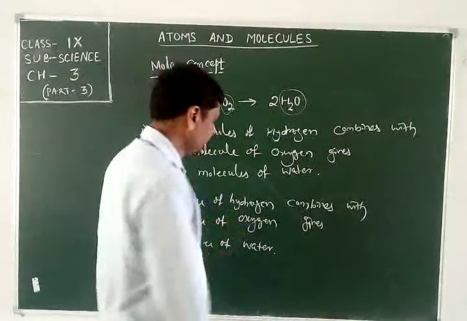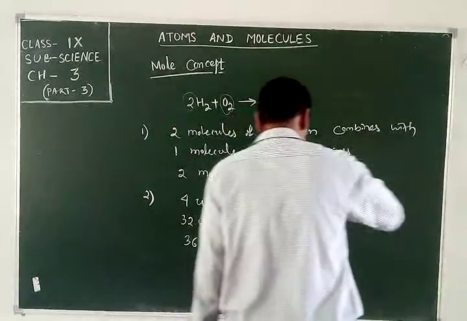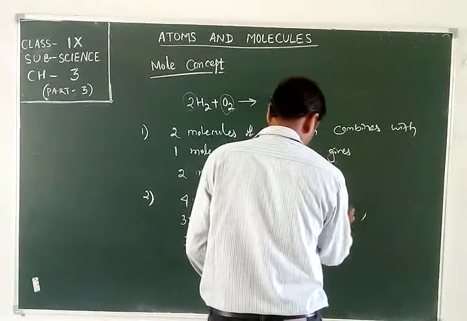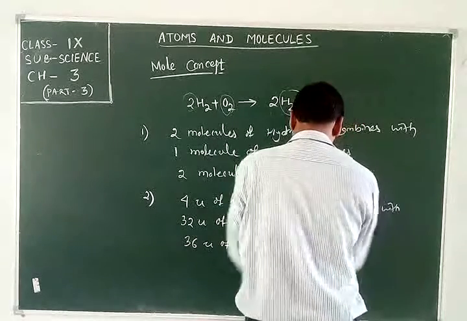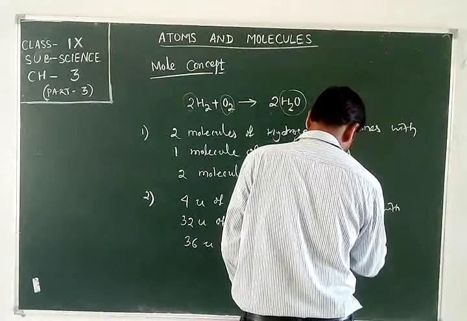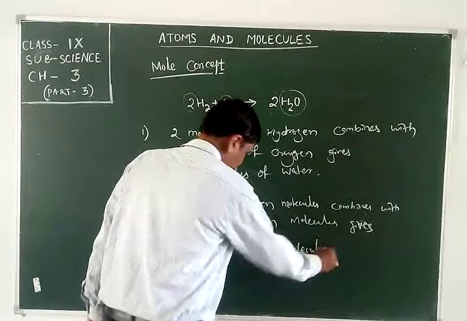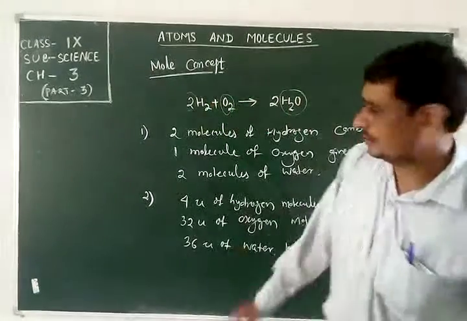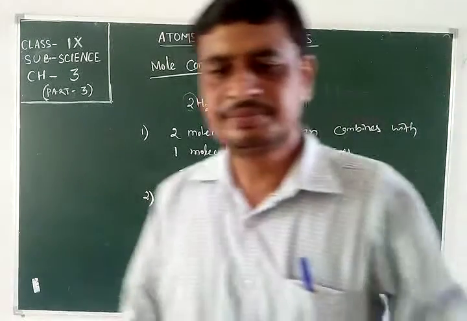Here 4 units of hydrogen molecules combined with 32 units of oxygen molecules will give 36 units of water molecules.